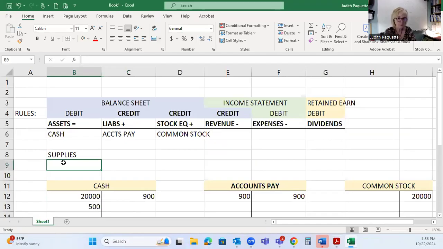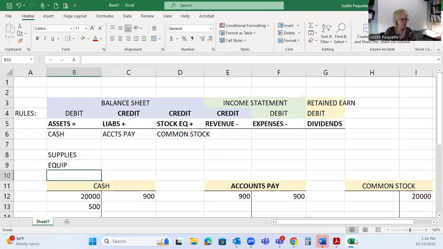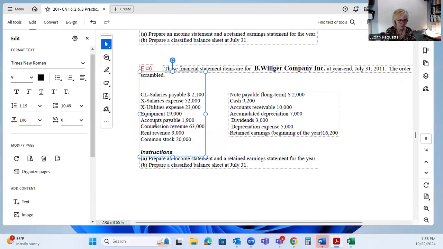The category would be PP&E, property, plant, and equipment. I'm just going to put it there for our reference. I'm not going to save this, so when we're done, if you want to take a picture, you can.